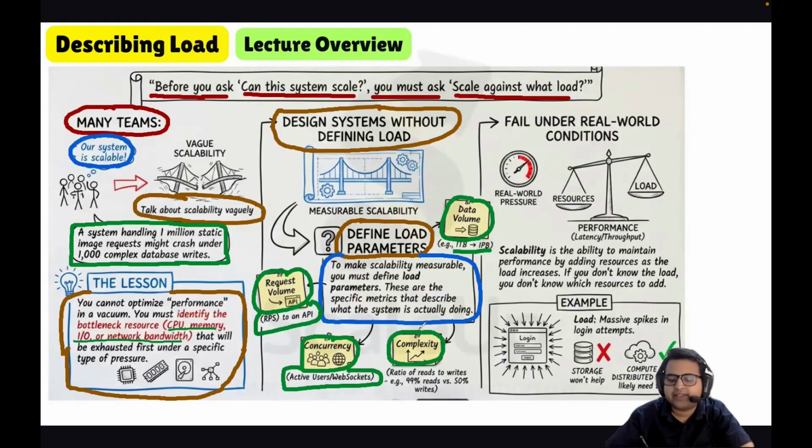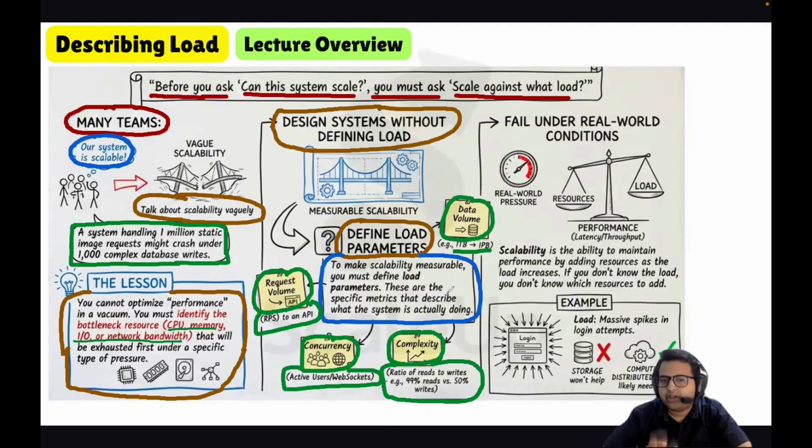A system that scales for 99% reads looks very different from one scaling for 50% writes, because writes are more compute intensive than reads. A system which is scalable for 99% reads might break for just 50% writes.